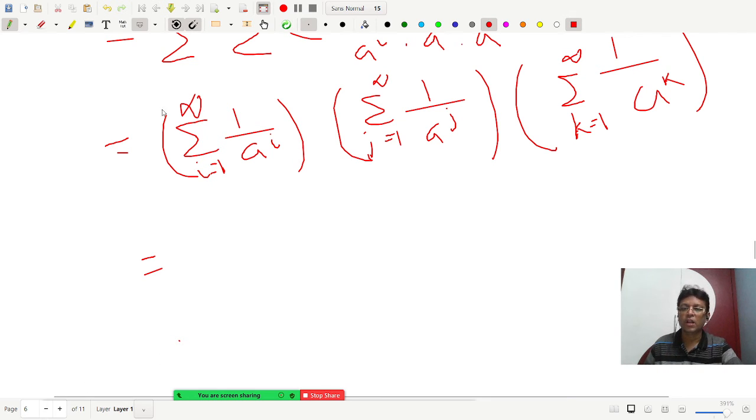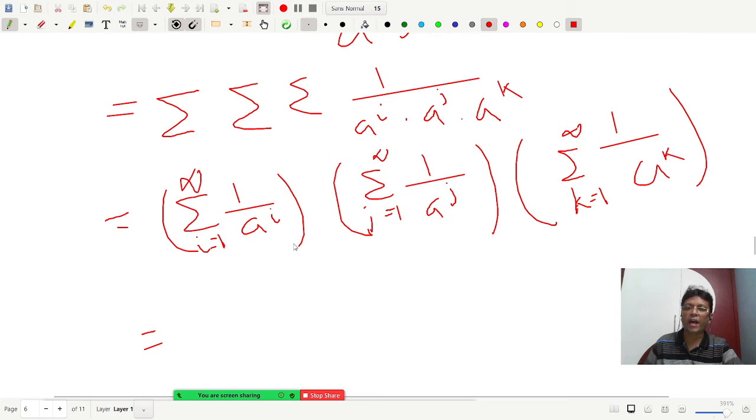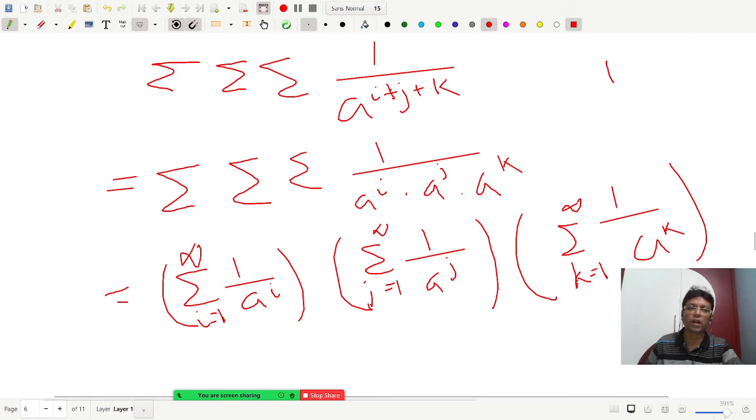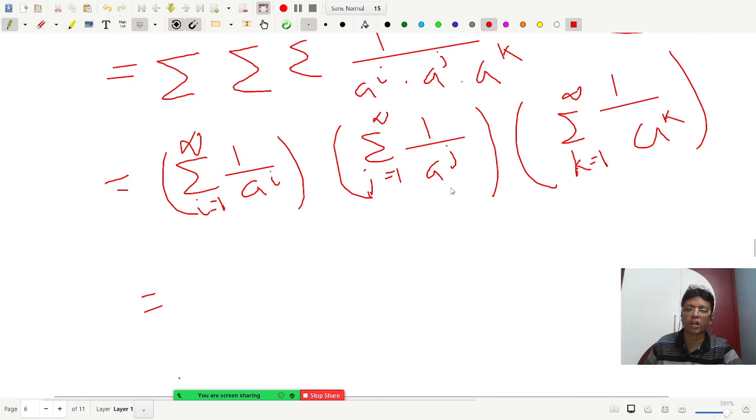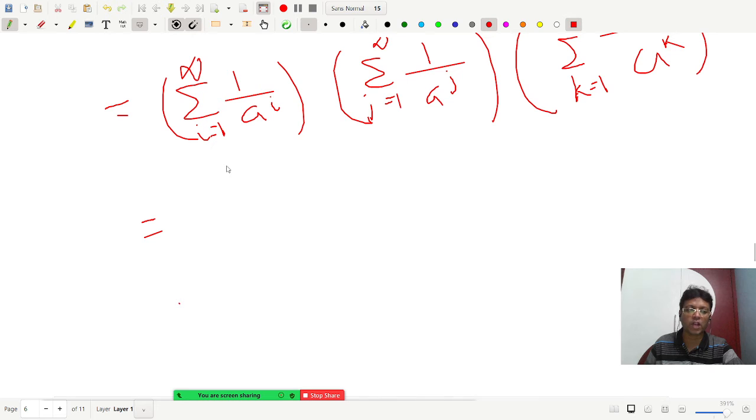You can see the first term will be 1 by a, the second term will be 1 by a square, the third term will be 1 by a cube, and so on. It's infinite, and 1 by mod a is less than 1, which we already established by observation. So you can write the sum as a by 1 minus r. This is the sum of the series.